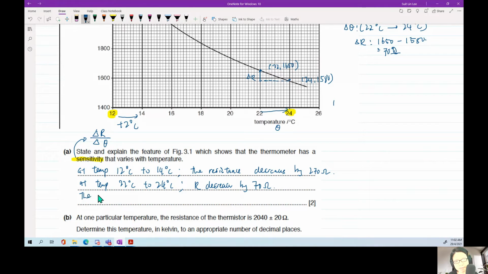The sensitivity, make your conclusion. Sensitivity of the thermometer decreases with temperature, is less at higher temperature.